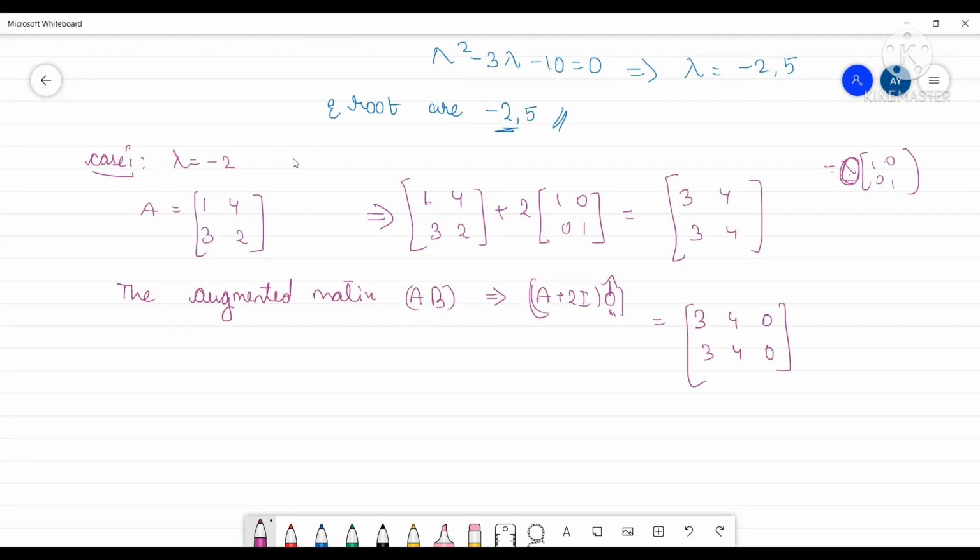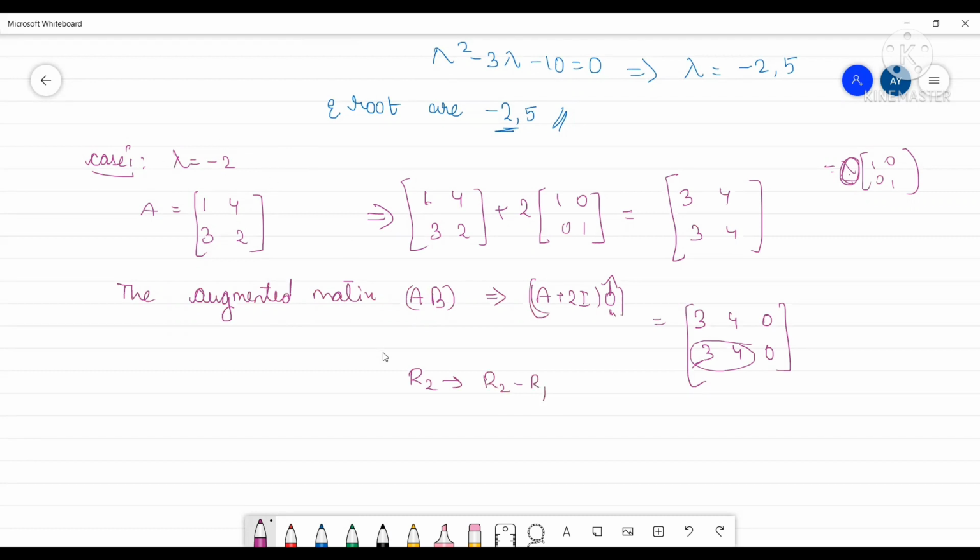Now what you have to do is perform row operations to make sure the last row is zeros. So how will you perform the row operations? R2 tends to R2 minus R1.